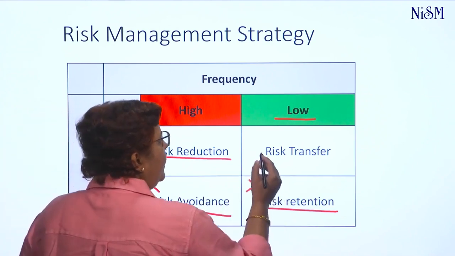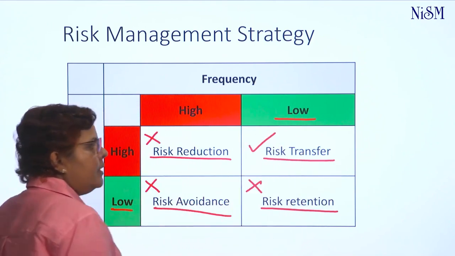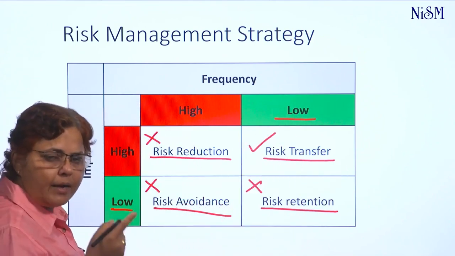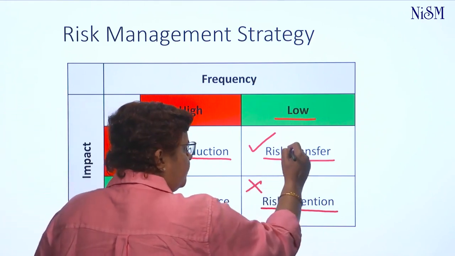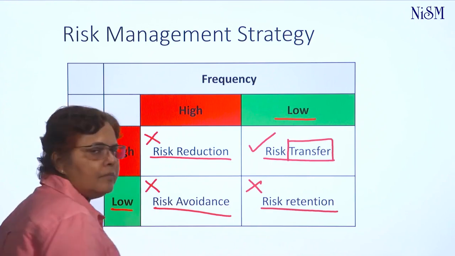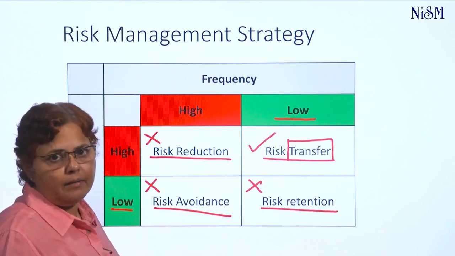The only place where we want insurance is high impact and low frequency. Here we are transferring the risk to the insurance company because the impact is high.